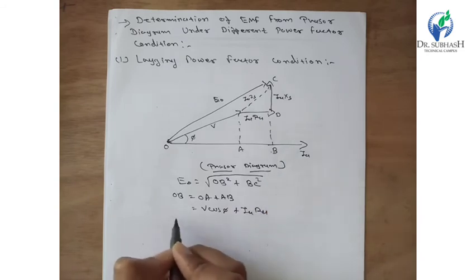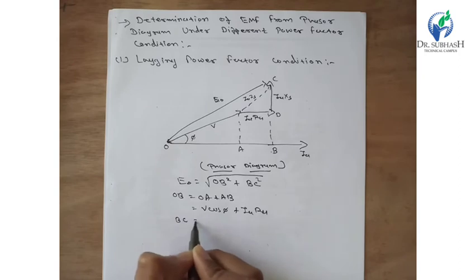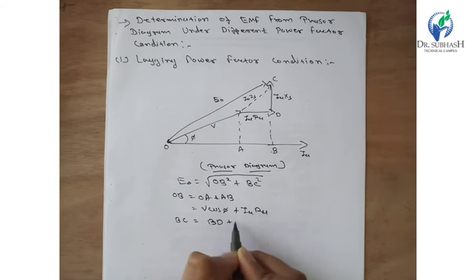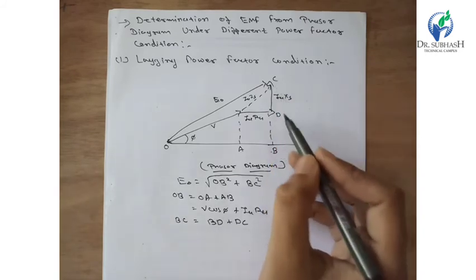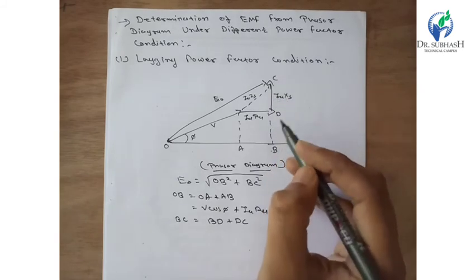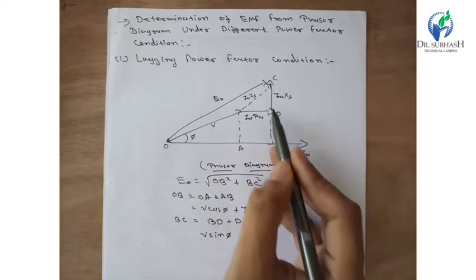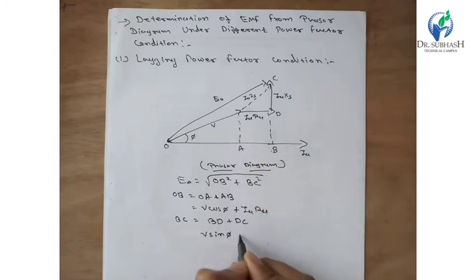For the BC point, BC is equal to BD plus DC. The value of BD is V sin phi, and DC is equal to IA into XS.